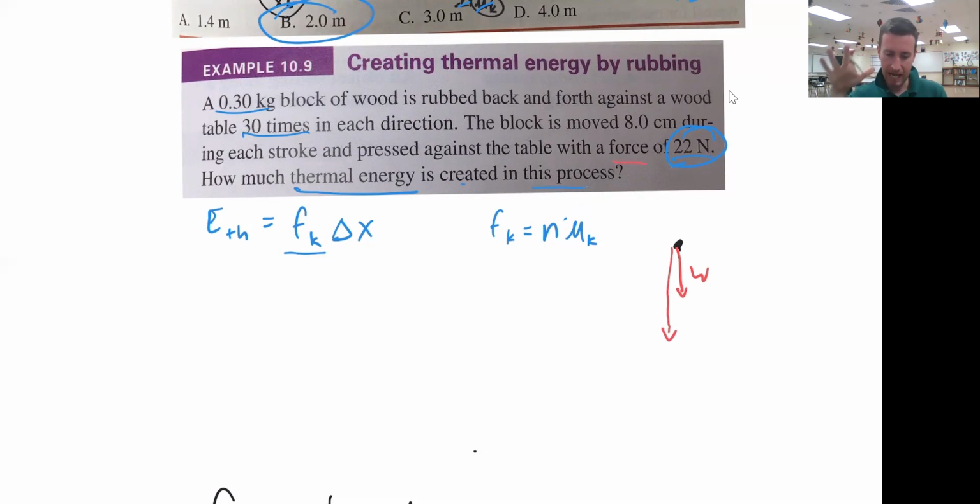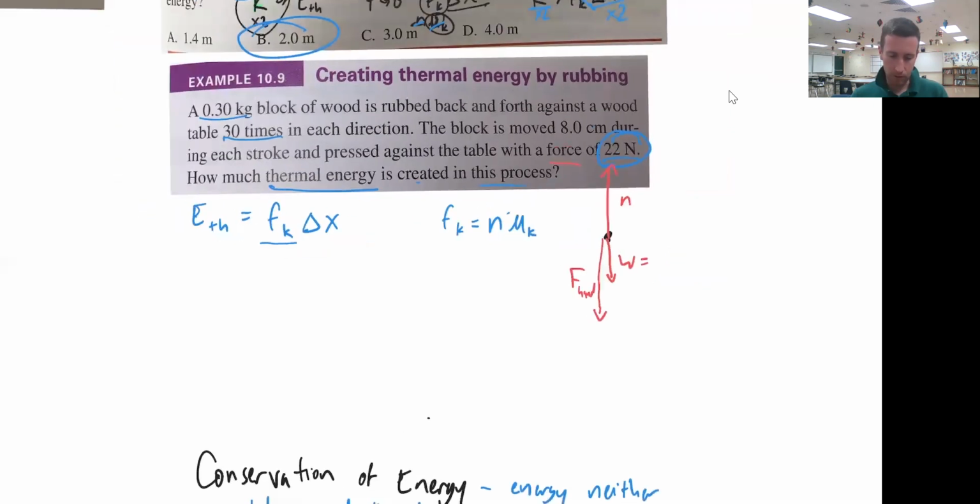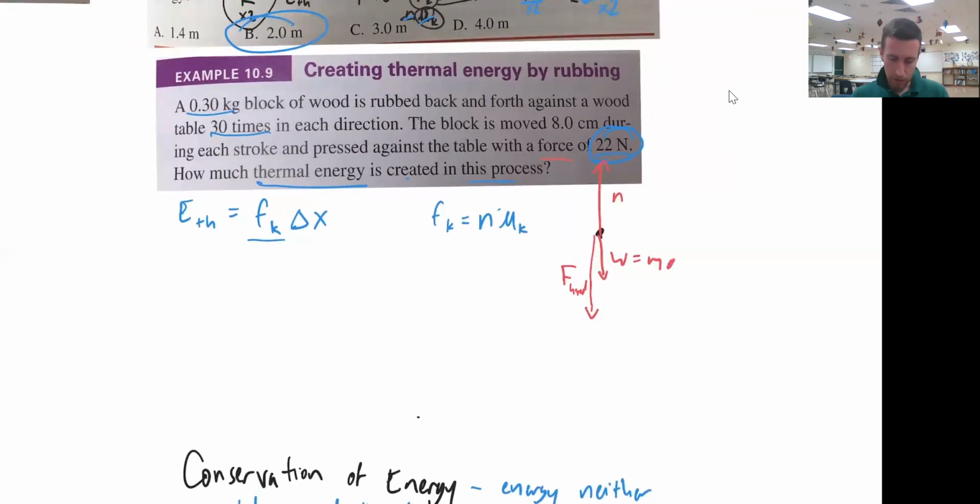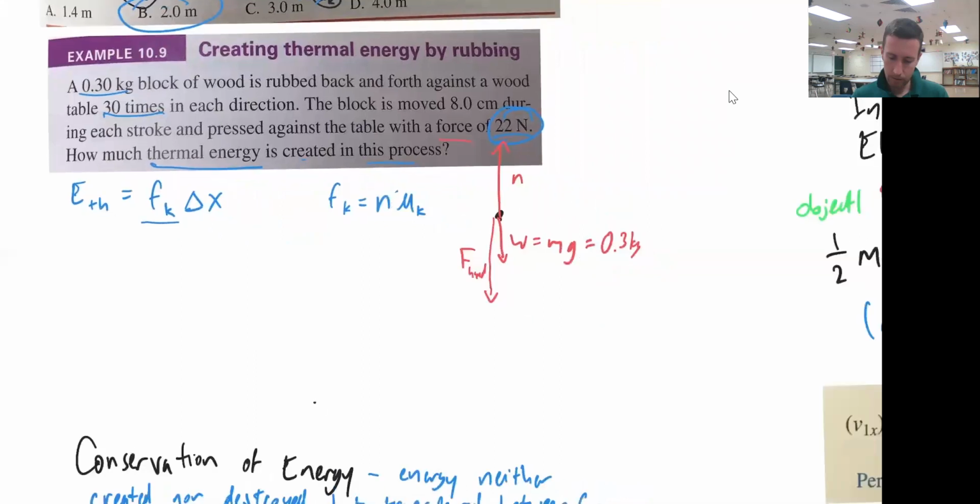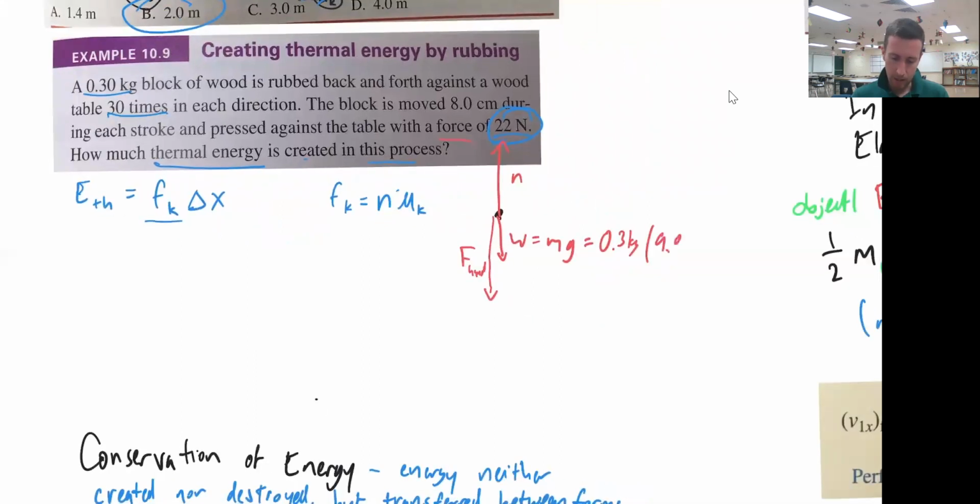The force of the hand down on it. Okay, and those are going to balance out to equal the normal force. So the weight is equal to mg, which is equal to 0.3 kilograms times 9.8 meters per second squared.